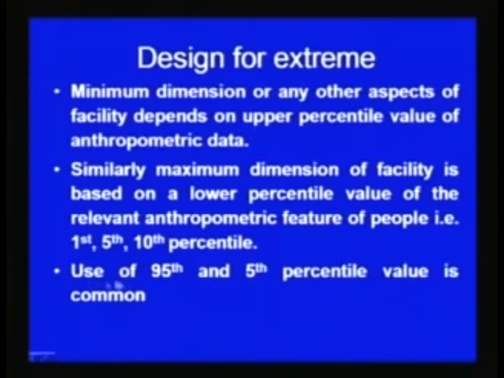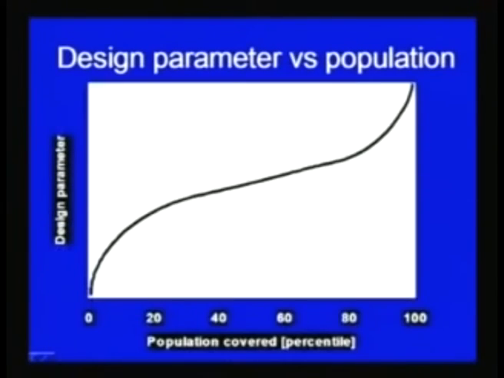It is very common to use the 95th and the 5th percentile values for designing engineering systems. If we see here, the percentile of the people covered changes with the design parameters. If we select a very low range of the design parameter, a very minimal number of people are covered, and this will go on increasing.